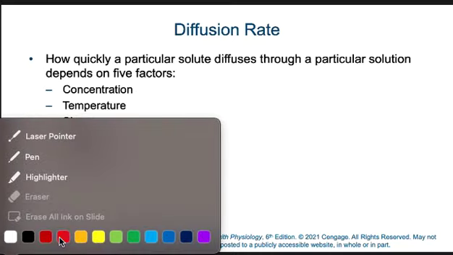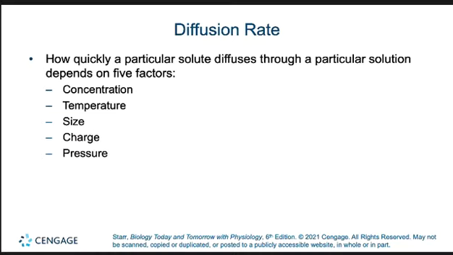There we are. Okay. So, the way this is going to work, right, is that the higher the concentration, the greater the speed. The greater the temperature, the greater the speed. The greater the size, the slower the speed. Okay.